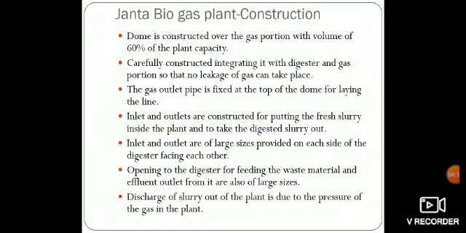Inlet and outlet are constructed for putting the fresh slurry inside the plant and taking the digested slurry out.